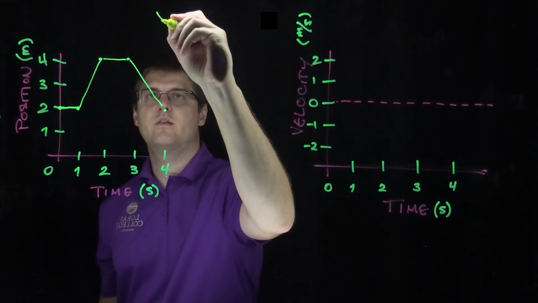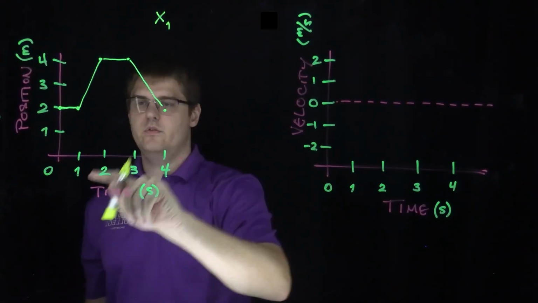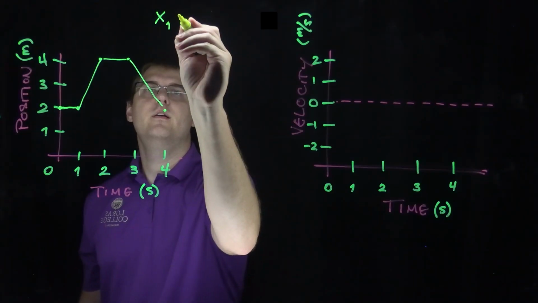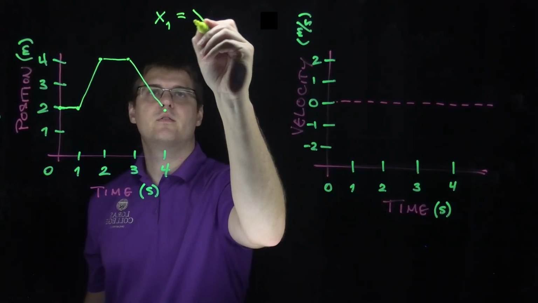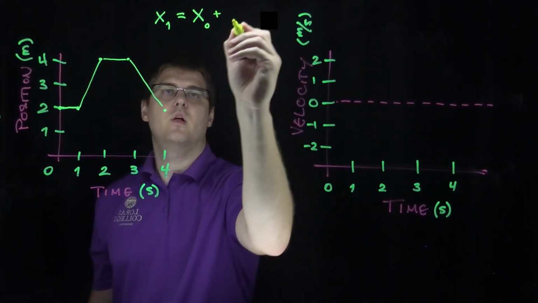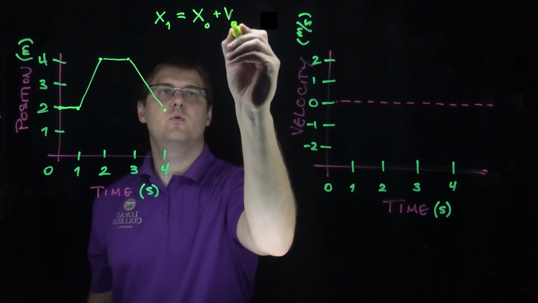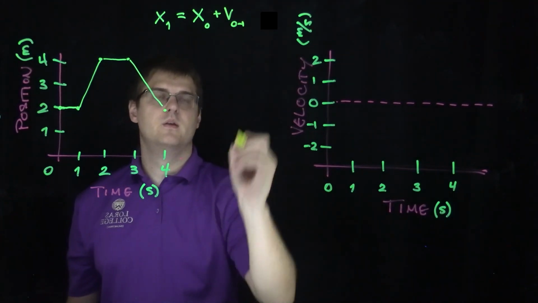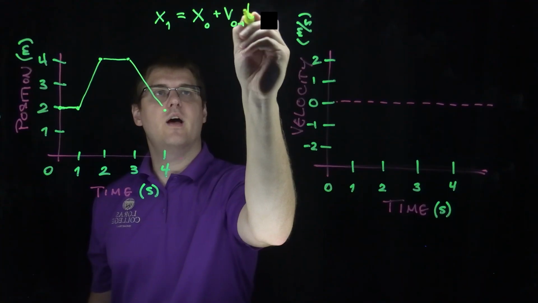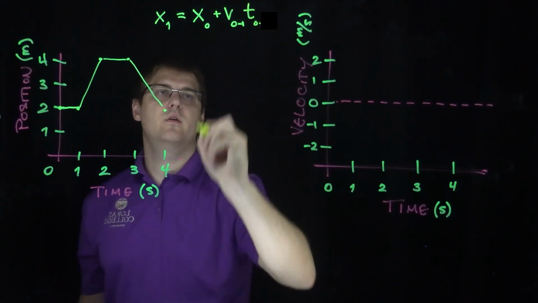We can say that x at time 1, which is what that little 1 symbolizes, is going to be equal to x at time 0, plus our velocity between time 0 and time 1, times our time between 0 and 1.